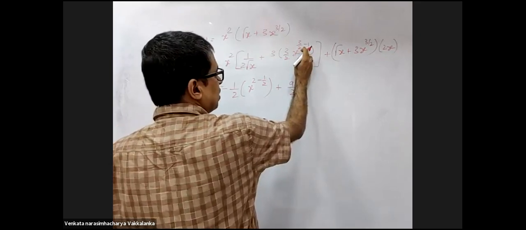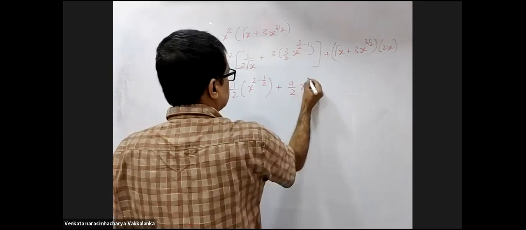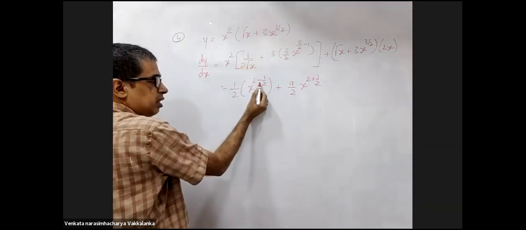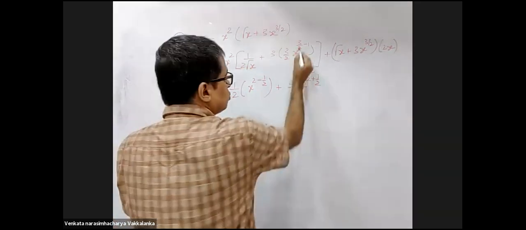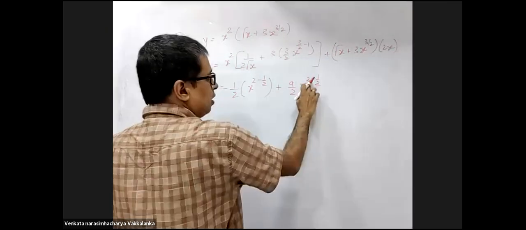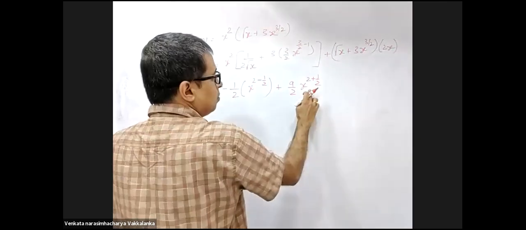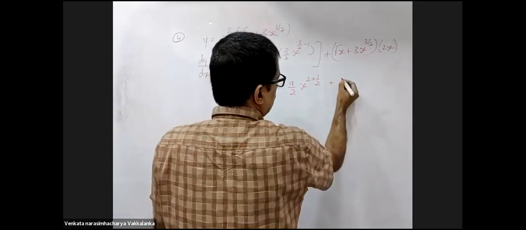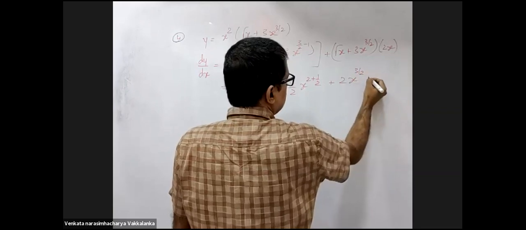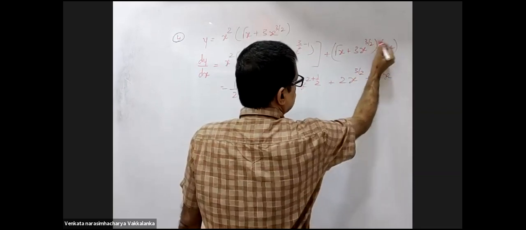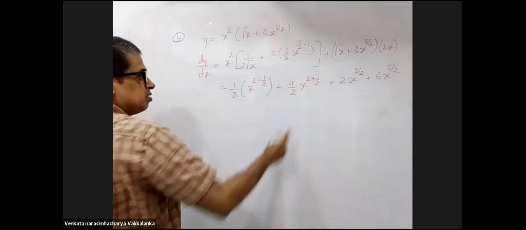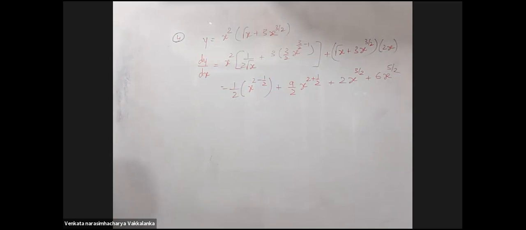Here I had x to the power half in the denominator. When it goes to the numerator, it becomes minus half. Here it is 1 by 2 into x square, x to the power 2 plus x to the power 1 by 2, plus 9 by 2 x to the power half plus 1, 3 by 2. 6 x to the power 3 by 2 plus 1 is 5 by 2. Now 2 minus half, 2 plus half, you'll be able to simplify, right?